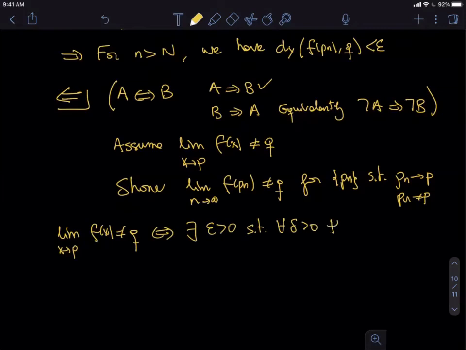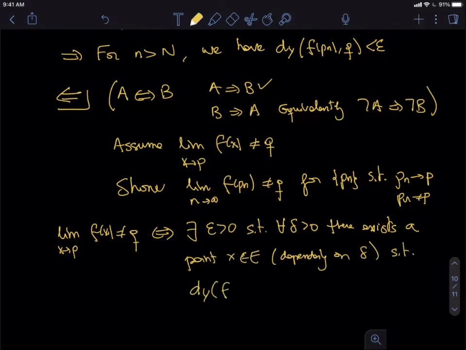For every delta, there exists a point x in E, and this one will depend on delta, such that the distance between f of x and q is at least epsilon, but the distance between x and p is less than delta.